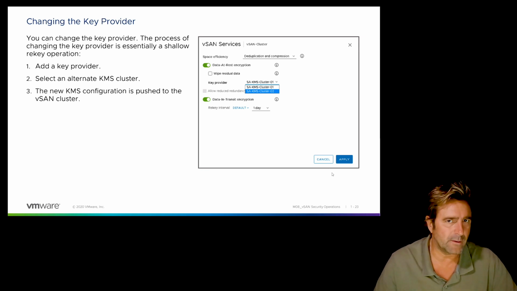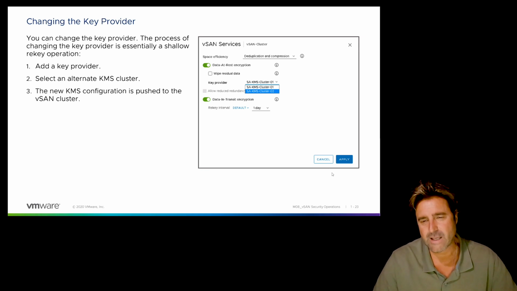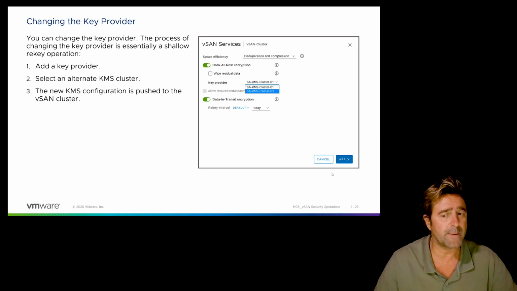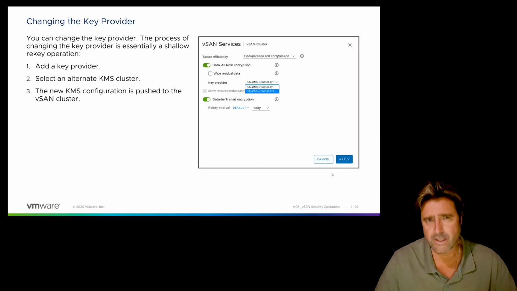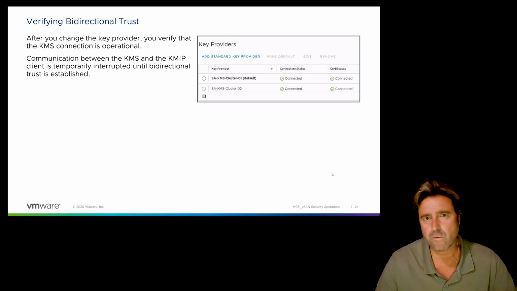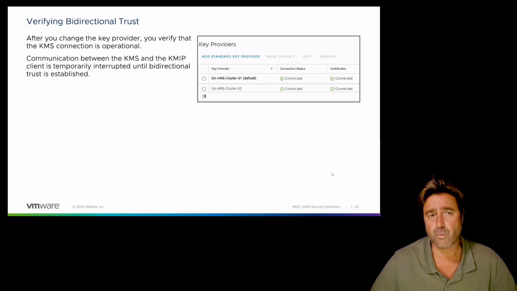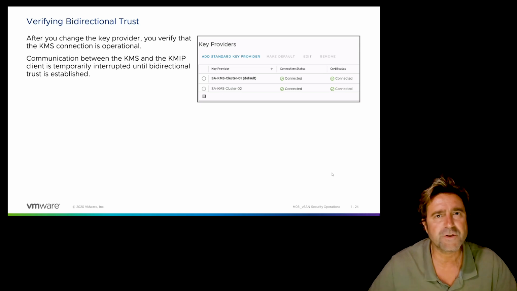In the second one, you're going to change from one KMS server to another. So that's why you see in this illustration, two KMS servers. These are the names of the KMS servers you're going to use. And out of the two of them, only one is going to be the default at once. But you can see again on the vSphere client, you have this choice to make the other one the default if that's what you want to do. But it's all about trust.